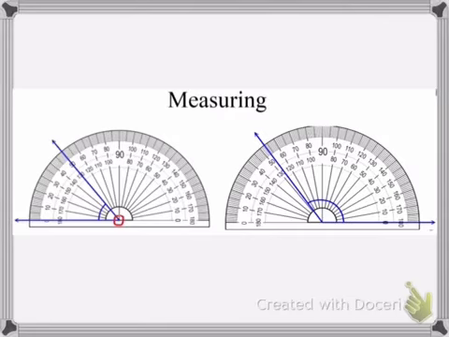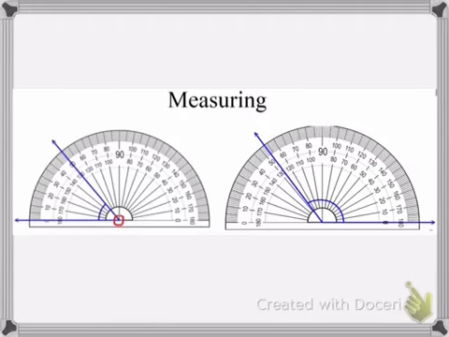Also notice how with these angles, in this one the side that is touching 0 is on the left, and in the other one it's on the right. So it does not matter, and that's why we have numbers on the top and bottom, depending on which direction we are looking at the angle coming from.